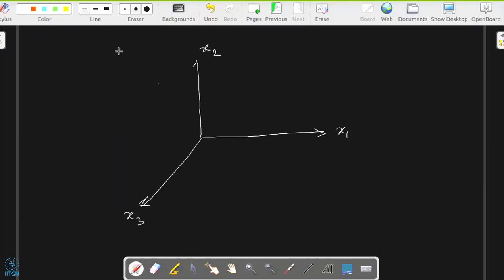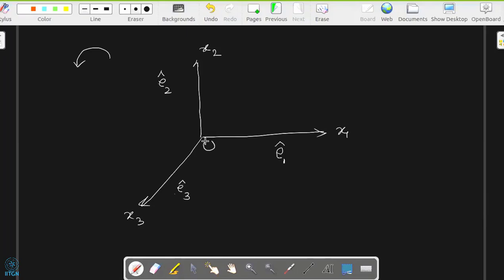Only thing, we have to follow a clockwise or anti-clockwise order, that is positive as per convention. So x1, x2, x3, and the base vectors are e1 cap, e2 cap and e3 cap.